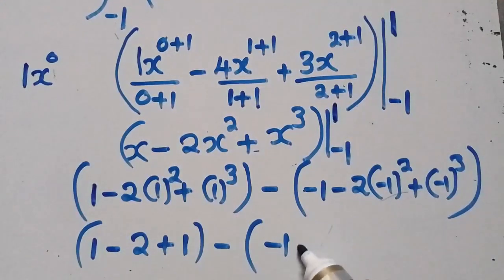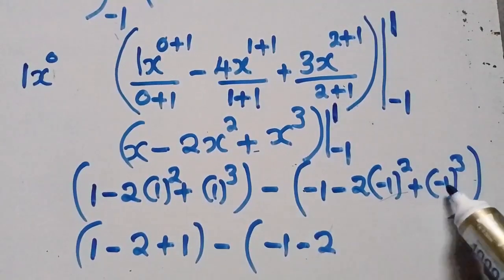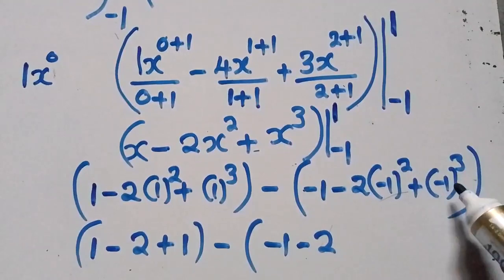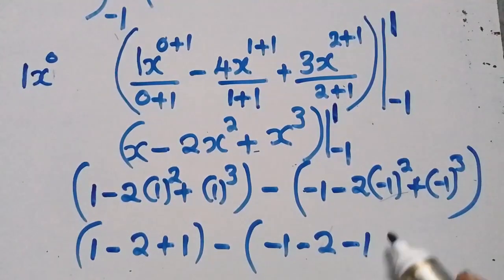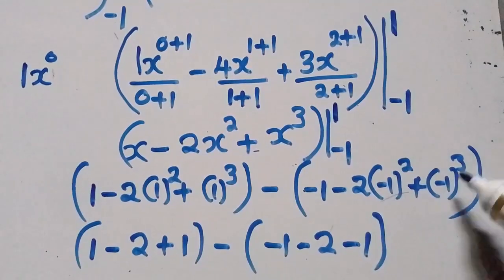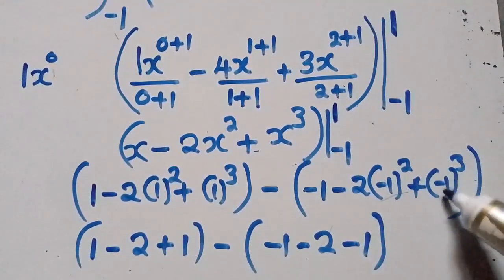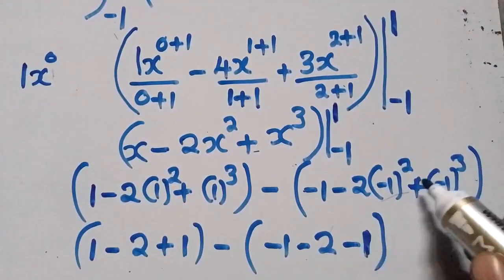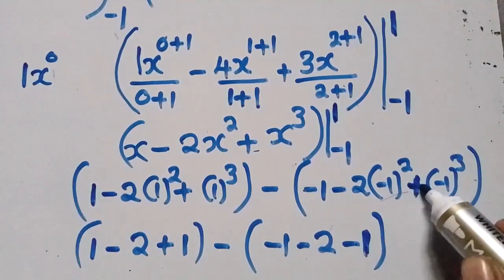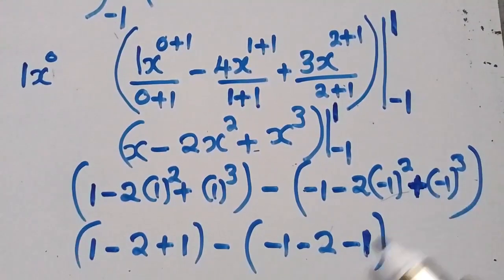Times 2, it's negative 2. Here, negative 1 times the positive here, so it's negative 1. Negative 1 to the power 3 is negative 1. The negative here multiplied by the positive becomes a negative. This is what you're going to do.